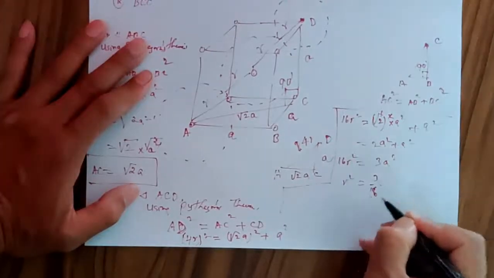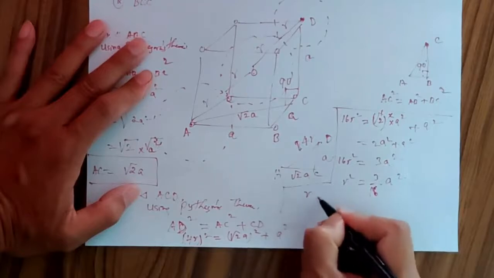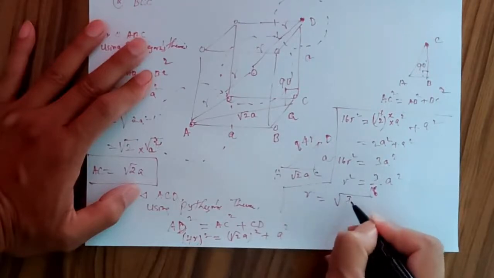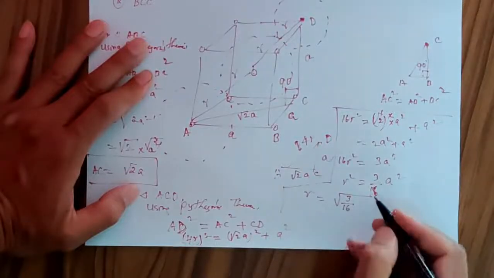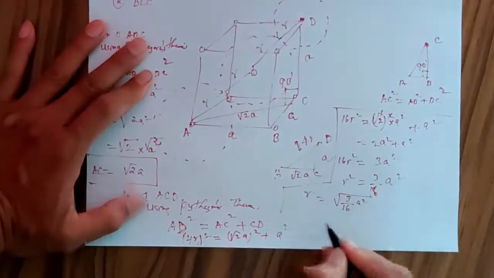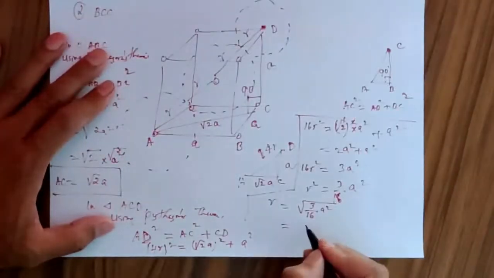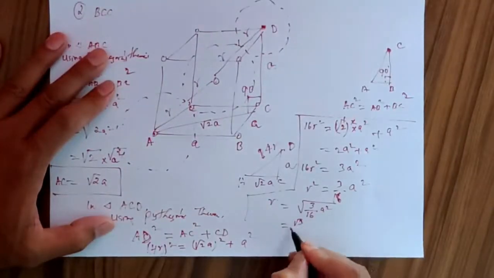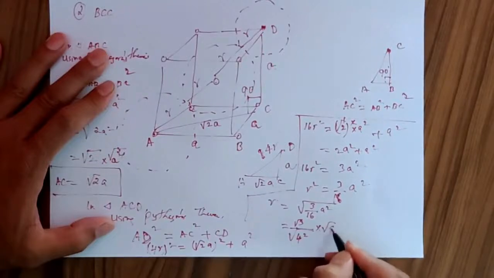16R square equals 3A square, so R square is 3 by 16 A square. R is square root of 3 A square over 16, and 16 can be written as 4 square. Cancel the root.